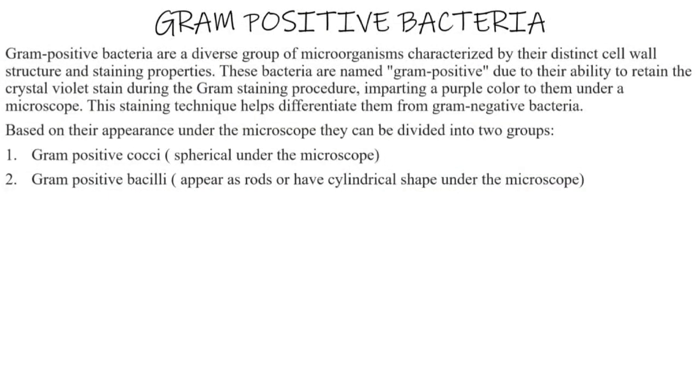Now, bacteria can either be gram-positive or gram-negative, and this classification is based on gram staining. Typically, after gram staining, when the bacteria under the microscope look blue or purple, we call it gram-positive, and this is so because it's able to retain the dye that is used in gram staining, the crystal violet.